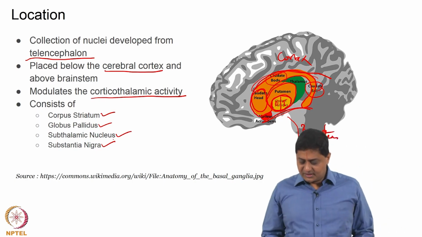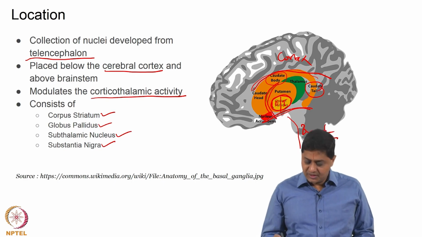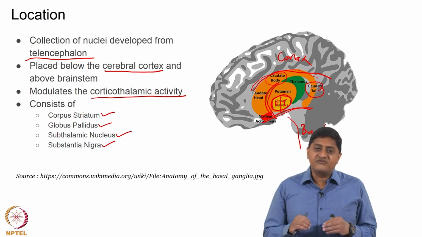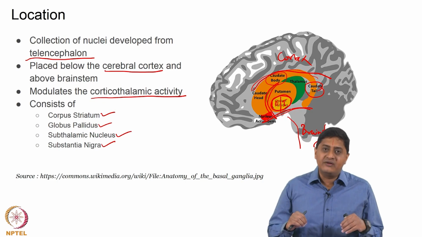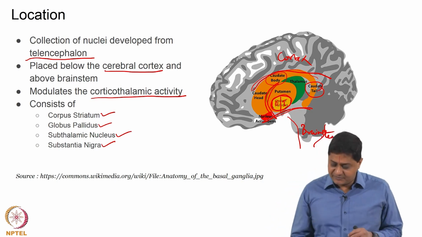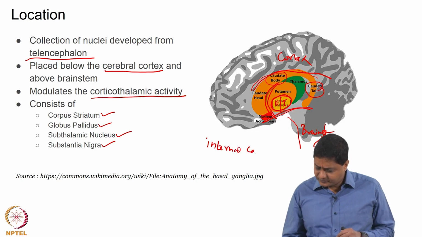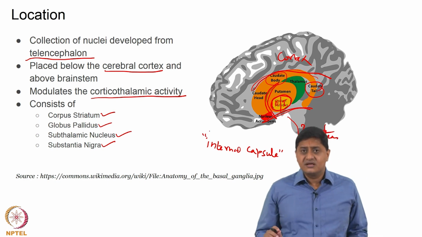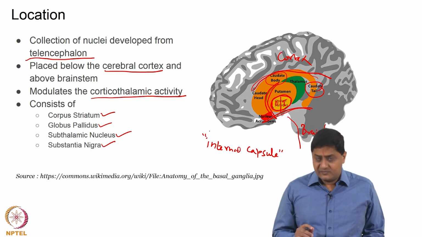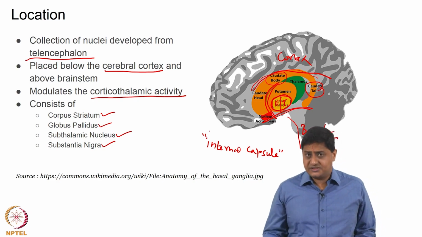It turns out that the caudate and putamen are actually divided, maybe it is not visible in this picture; in future pictures I will show you that the caudate and putamen are very similar structures that are divided into two separate nuclei by what is called the internal capsule. What is this internal capsule? This is white matter from the cortex going to lower structures.